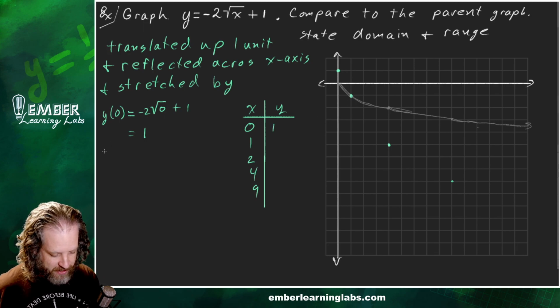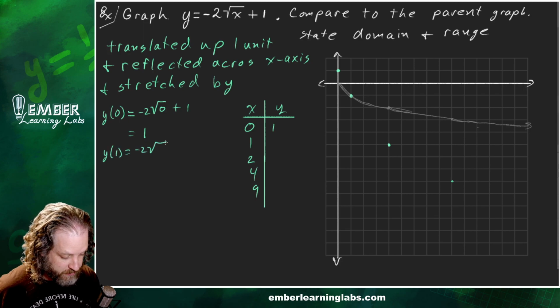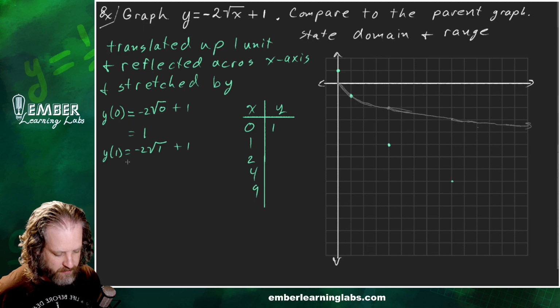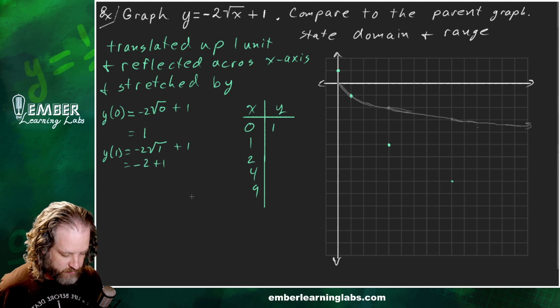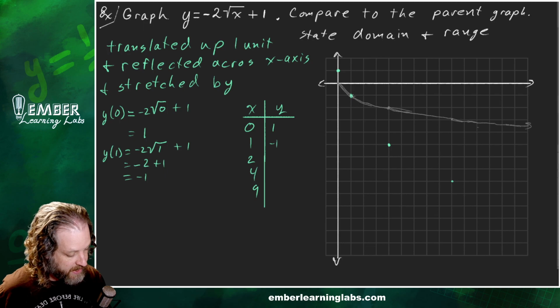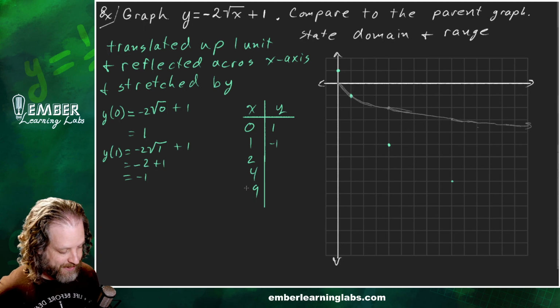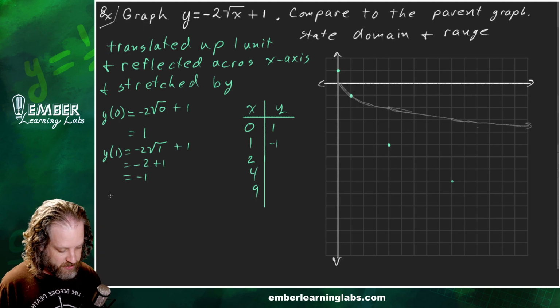We're doing well. So y of 1 equals -2 times the square root of 1 plus 1. Square root of 1 is 1, and 1 times -2 is -2, so -2 plus 1, which equals -1. That's great. That checks out. Looks like our thinking is good so far.